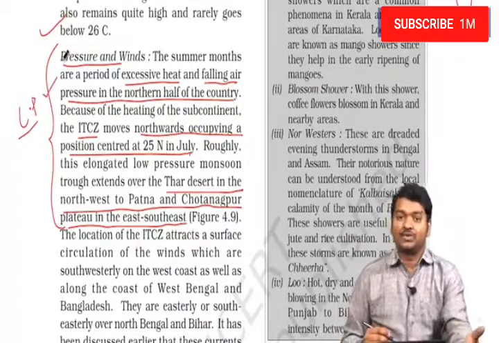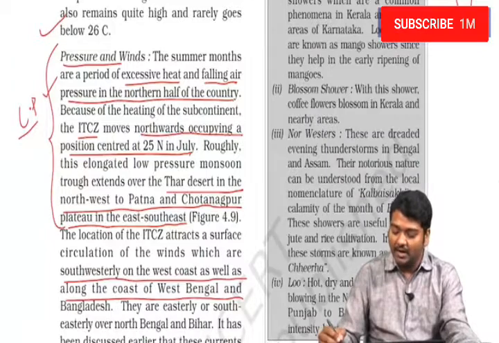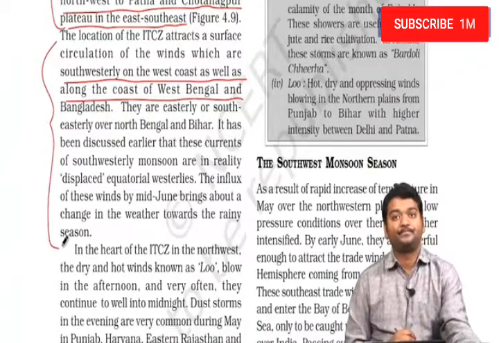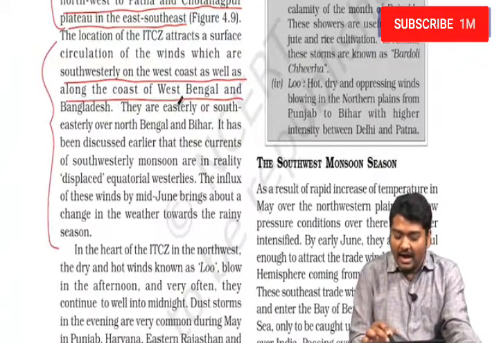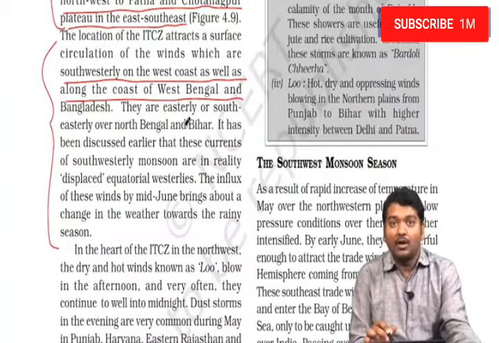Once low pressure is developed, southwesterly winds on the west coast as well as along the coast of West Bengal and Bangladesh usually give rainfall. This is what you try to see. They are easterly or southeasterly over North Bengal and Bihar.